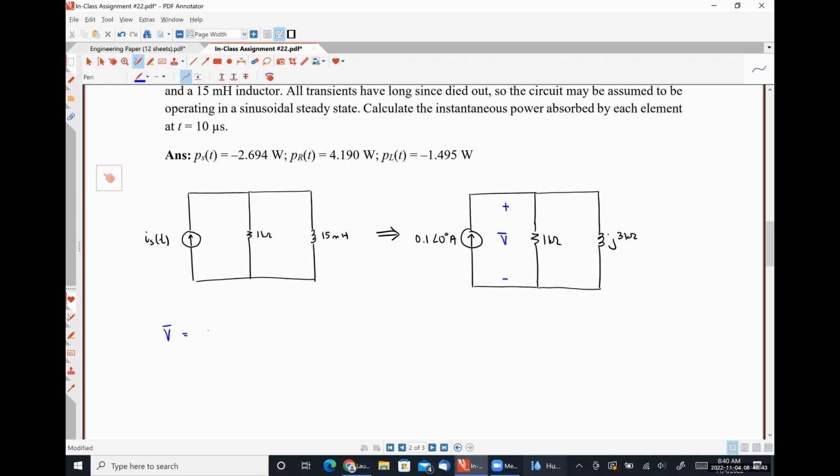So this is going to look like 0.1 angle 0 degrees amps. And then we're going to have 1 kilo ohm times j3 kilo ohms over 1 plus j3 kilo ohms. I'm going to throw this in my calculator real quick.